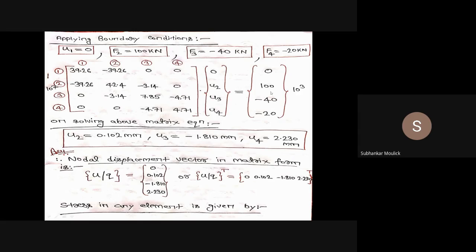For nodal point 2, force is 100, for nodal point 3, force is minus 40, and for nodal point 4, force is minus 20, that is compressive in nature. Since these forces are in kilonewton, to convert to Newton it will be multiplied by 10 to the power 3, so I have taken it out of the matrix as 10 to the power 3. Is it clear so far till this particular expression?